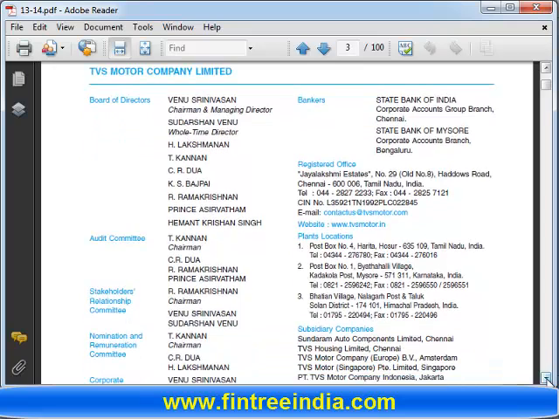Board of Directors: Venu Srinivasan, Sudarshan Venu, Lakshmanan, Kannan, Dua, Bajpayee, Ramakrishnan, blah blah blah. We'll get acquainted with these names with time. Registered office is in Chennai, Tamil Nadu.